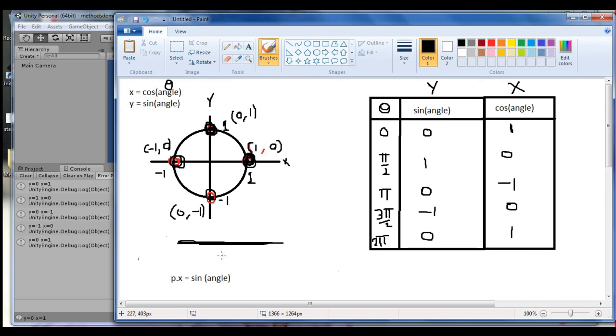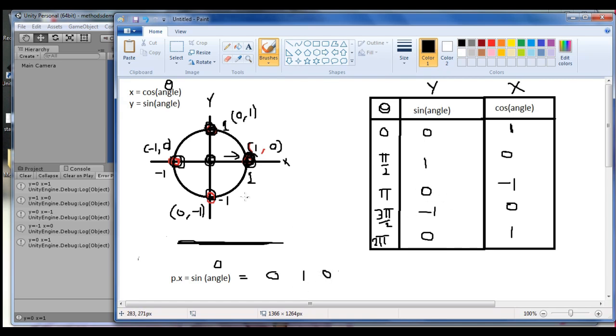You can very easily identify it in this place. First, sine 0 will be what? 0. So the player, the object, will be in this place. Sine of 90 degrees, what is sine of 90? 1. So the object will move to this side, okay? The object has moved to this side. Then sine of 180. What is sine of 180? Sine of 180 is 0.